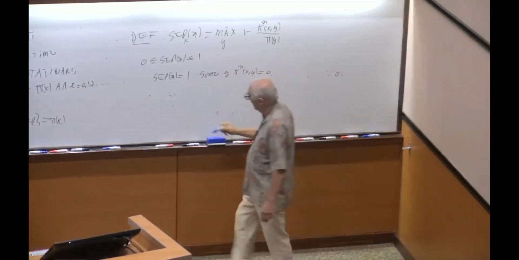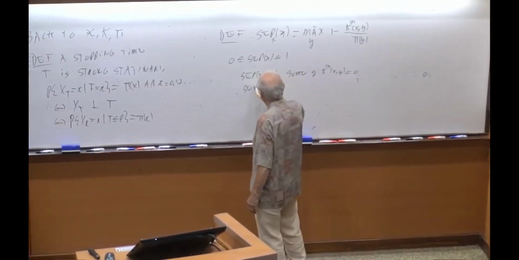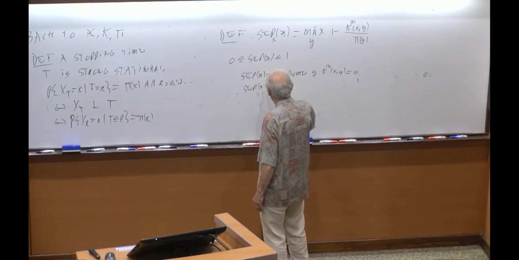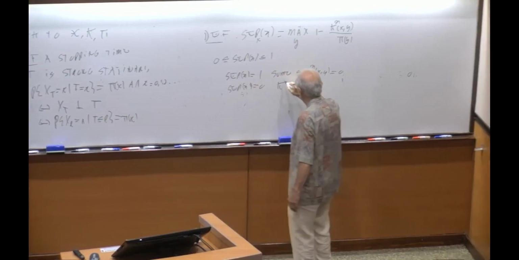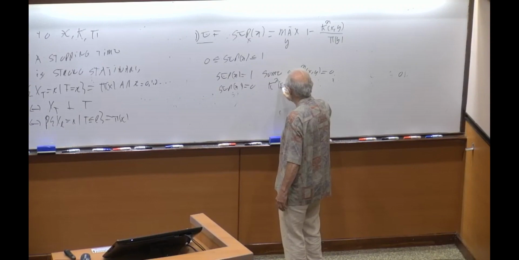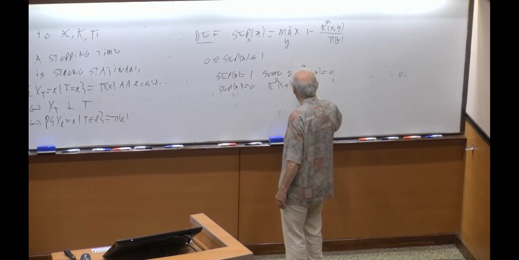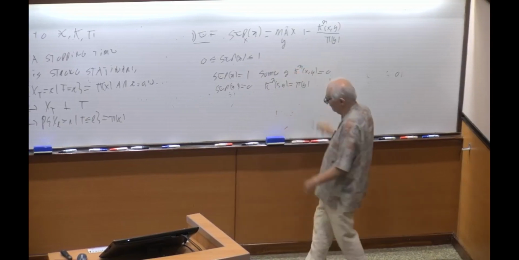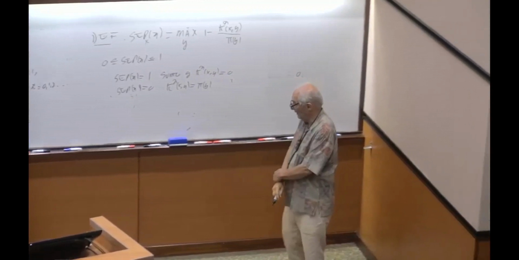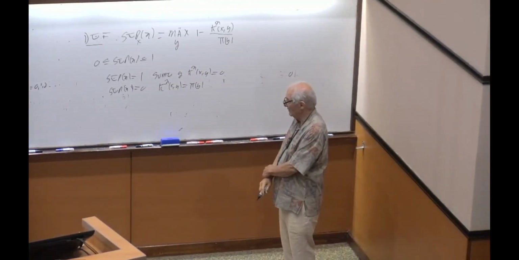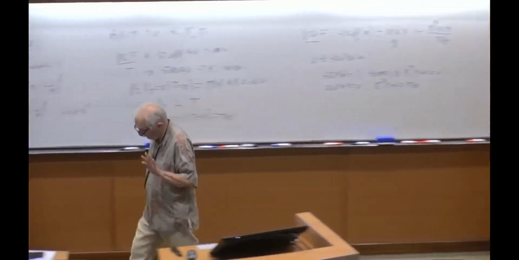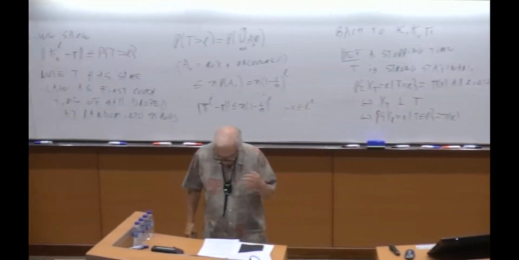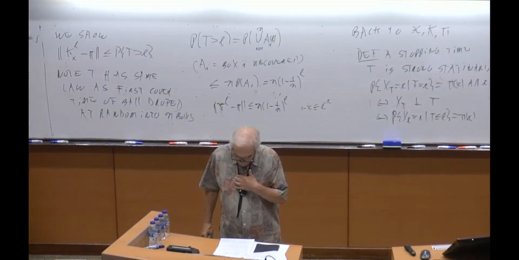And sep_n is equal to 0 if K^n(x, y) is equal to pi of y. That could happen. Anyway, that's separation. And what do I want to tell you about it? There are a lot of things to say about it.